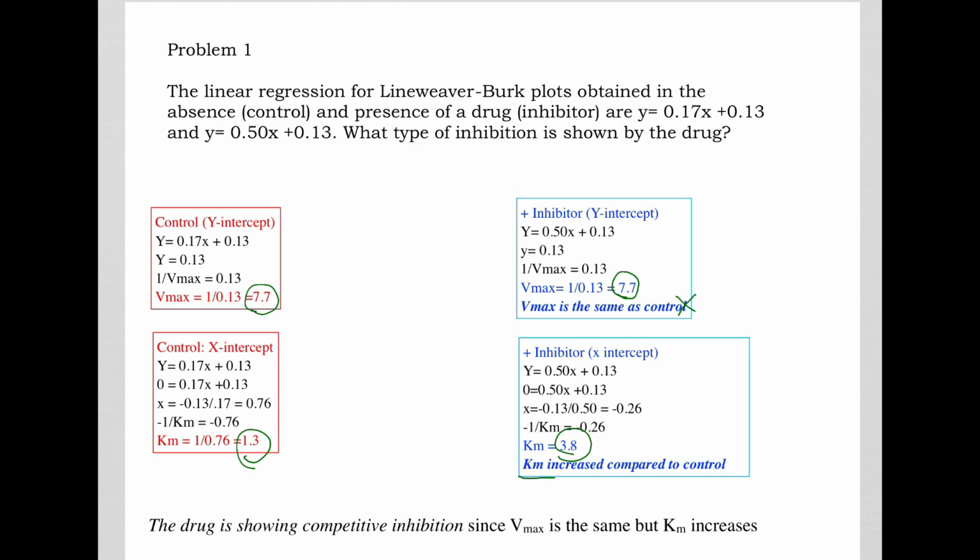So Km has increased, 3.8 instead of 1.3, but Vmax remains the same. Therefore, these are the features of competitive inhibition. So this drug is working as a competitive inhibitor of this enzyme.